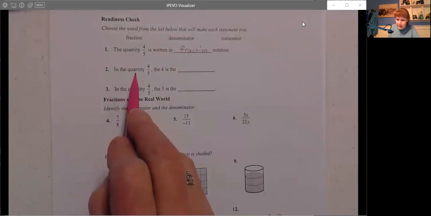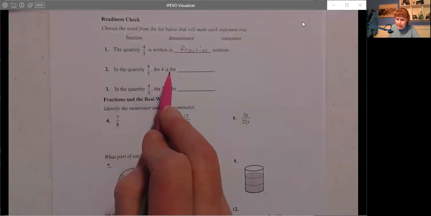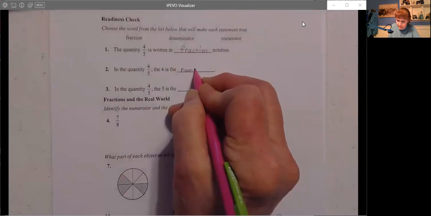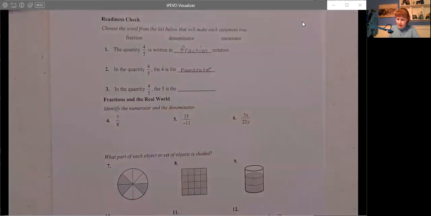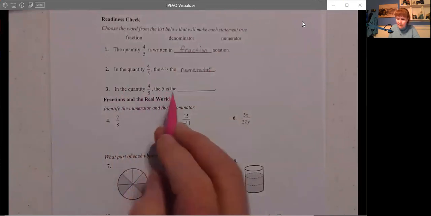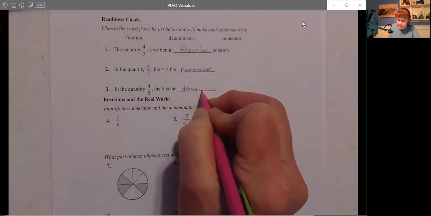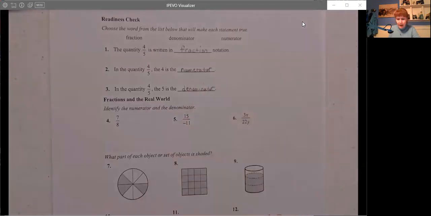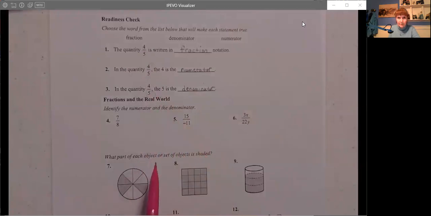In the quantity 4/5, the 4 is the numerator. In the quantity 4/5, the 5 is the denominator. So together they make a fraction, numerator, denominator.